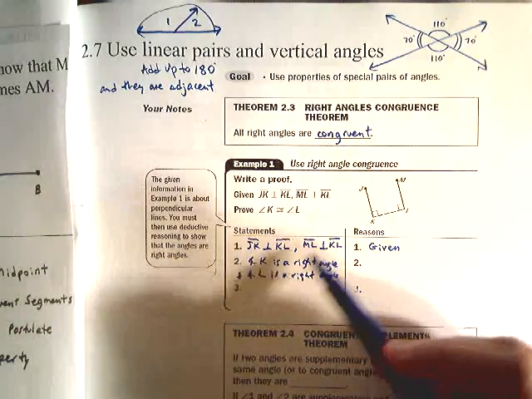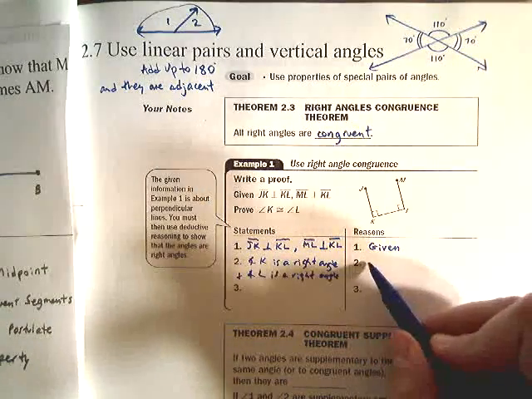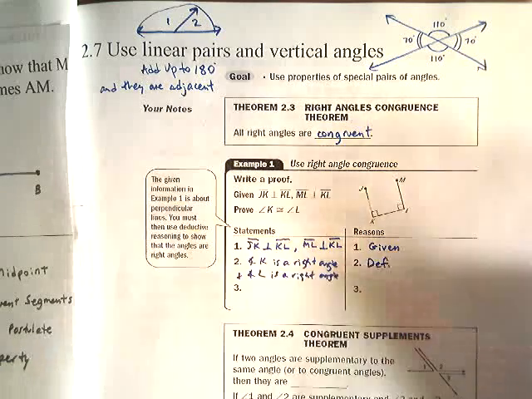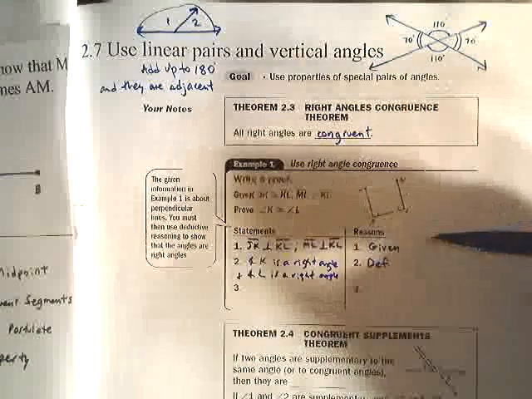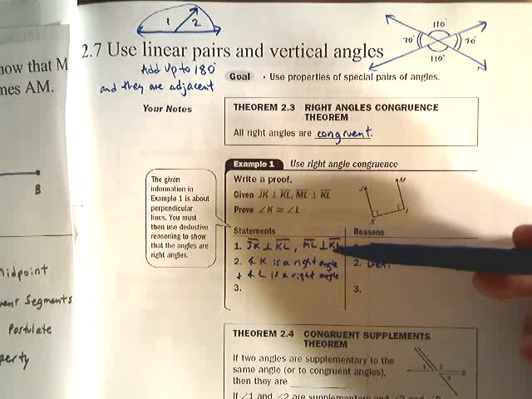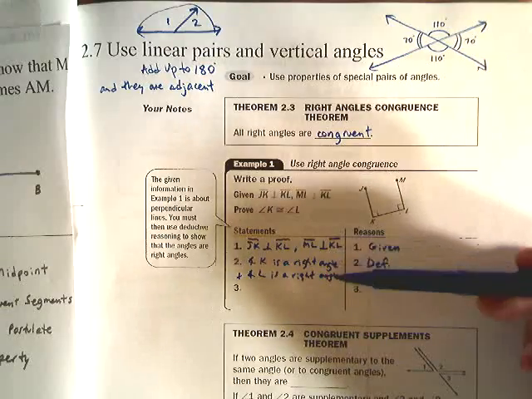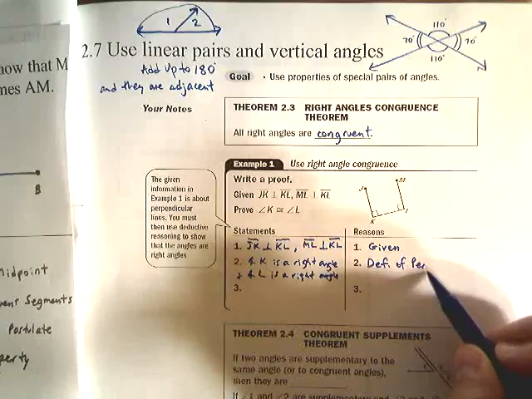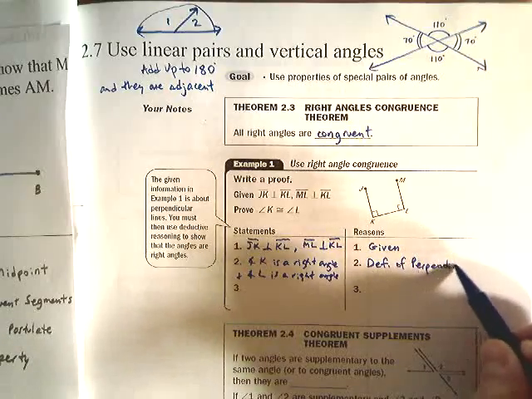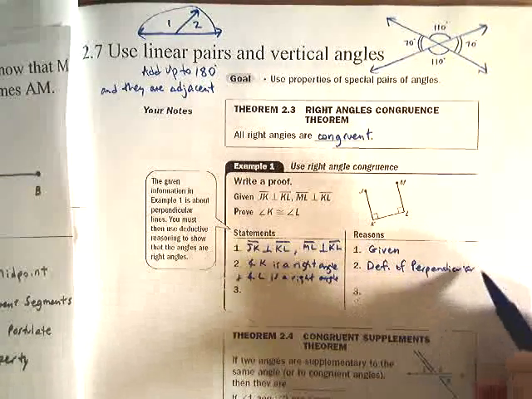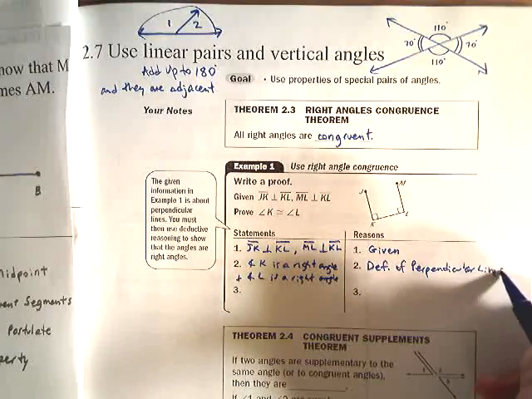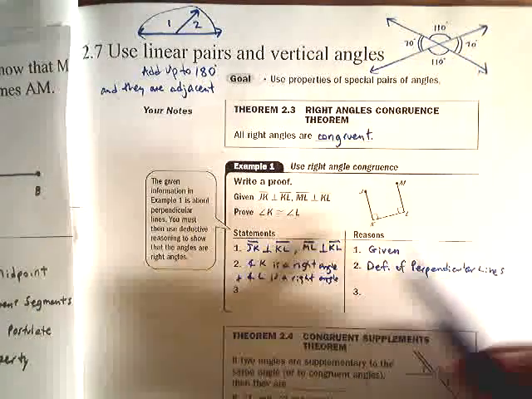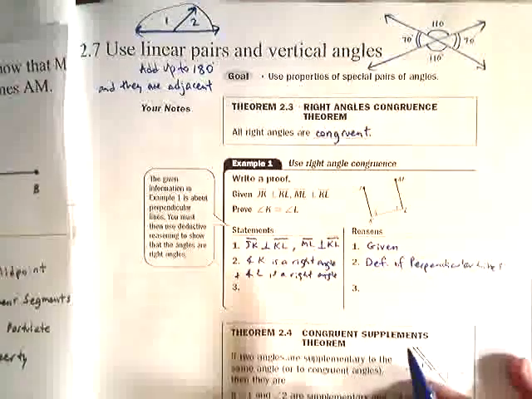We know that because that's what perpendicular means. Whenever something is kind of obvious, it's because it's very clear from the other thing that was stated. Perpendicular lines form right angles. So because of the definition of perpendicular lines, we can state that angle K and angle L are right angles.